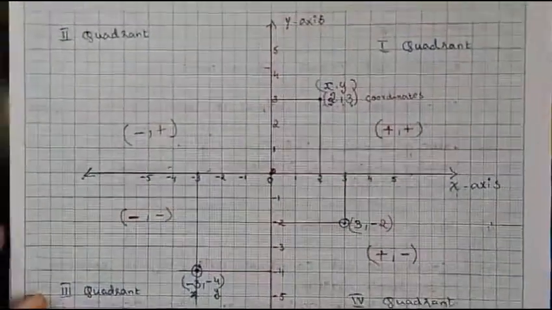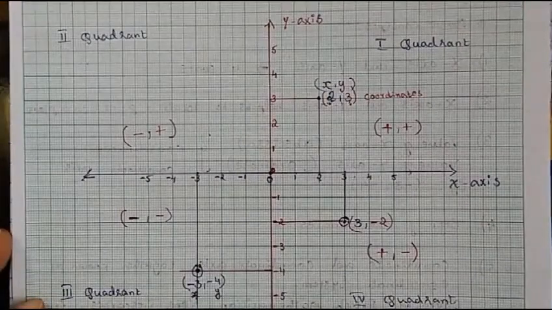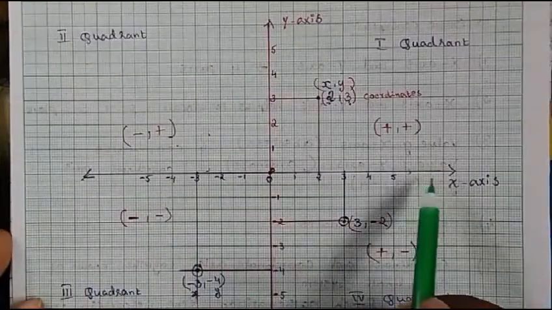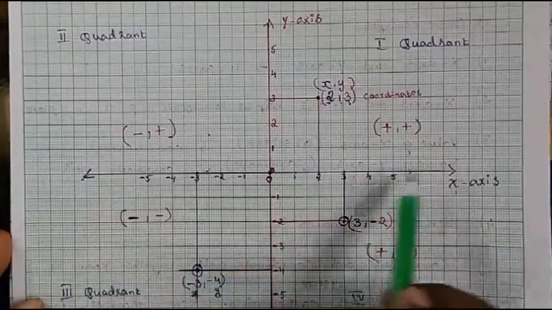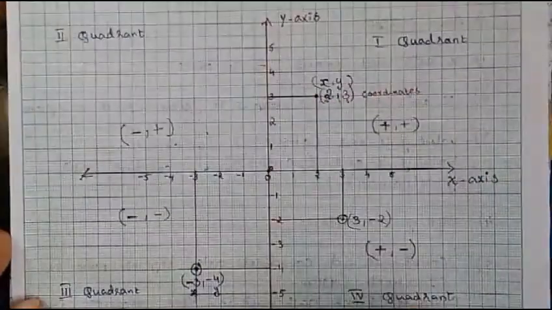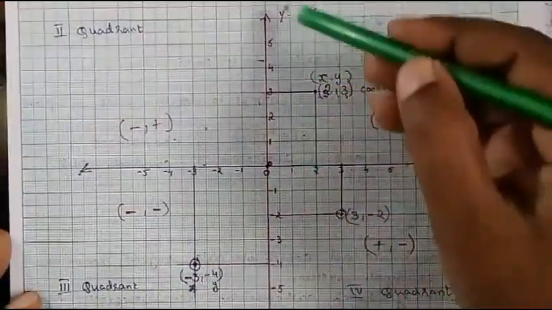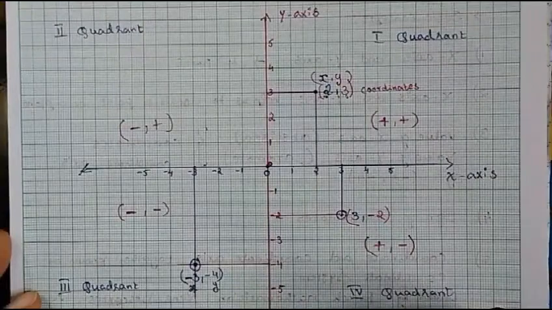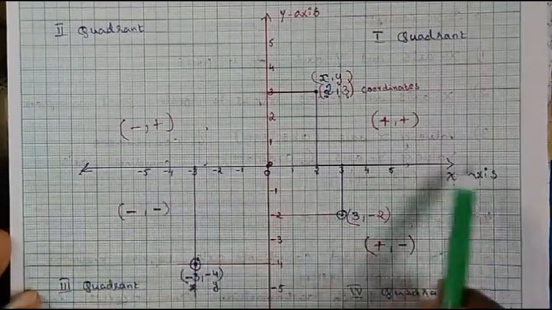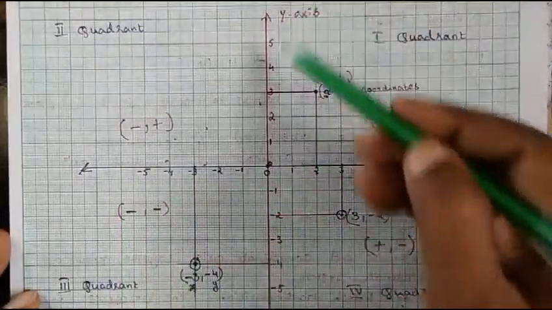The lines that we draw on the Cartesian plane: the horizontal line is this, left to right or right to left, that line we call a horizontal line. And top to bottom or bottom to top, this line we call a vertical line. So you have to be very clear. Horizontal means this direction, vertical means this direction.